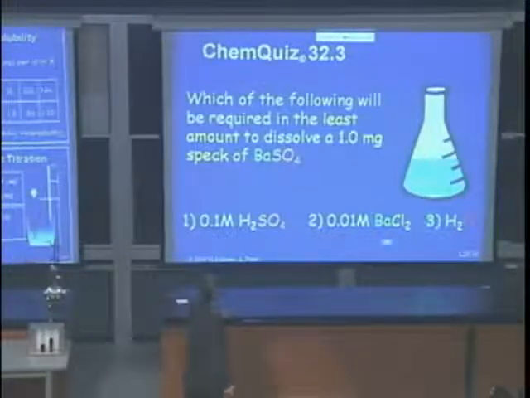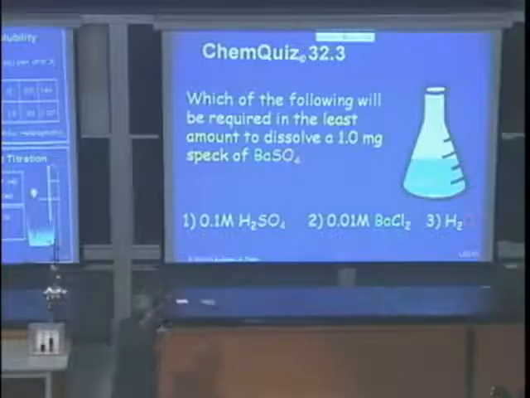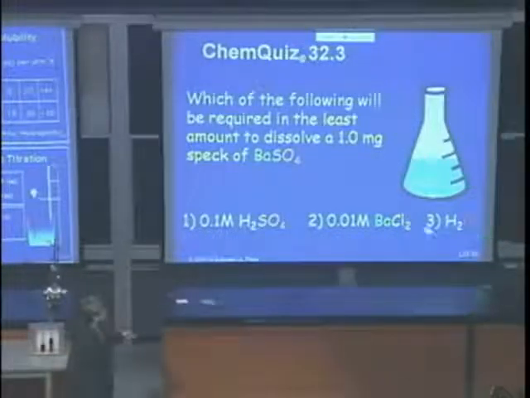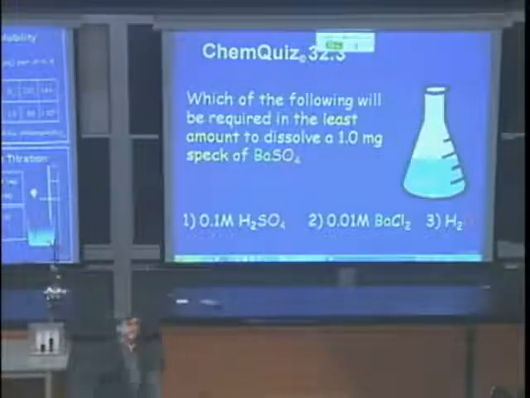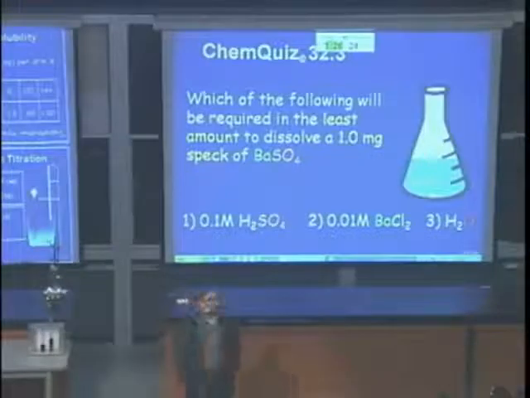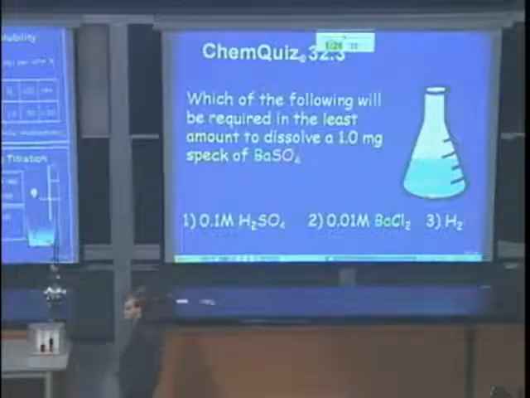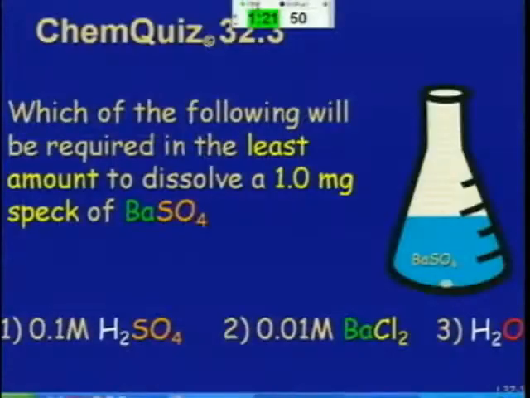That's also very soluble. Would I use that, or would I just use water to dissolve it? What would you do? Why don't you think about this and give me your answer? Please. It's called the common ion effect, which is hidden in here, which is also related to Le Chatelier's principle.